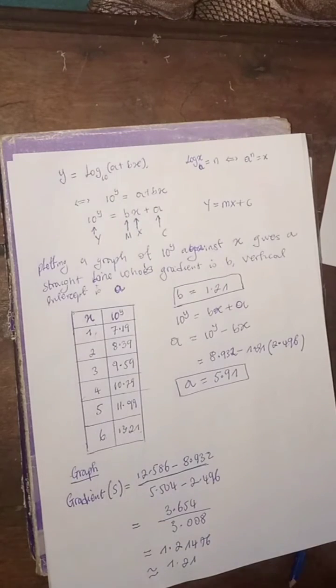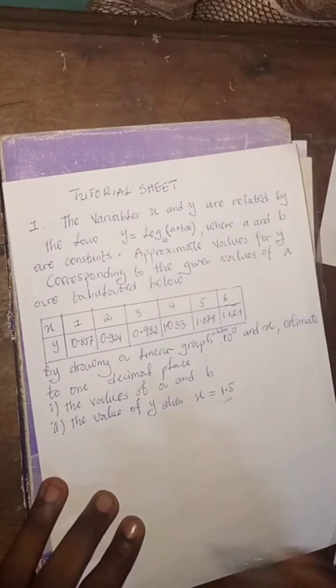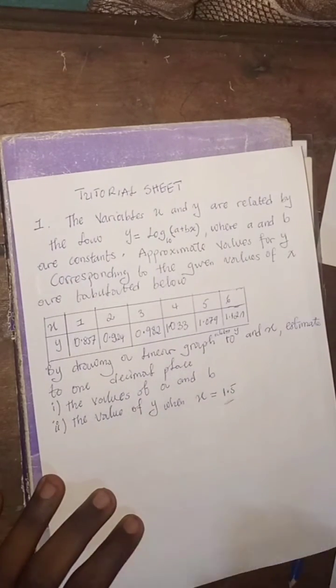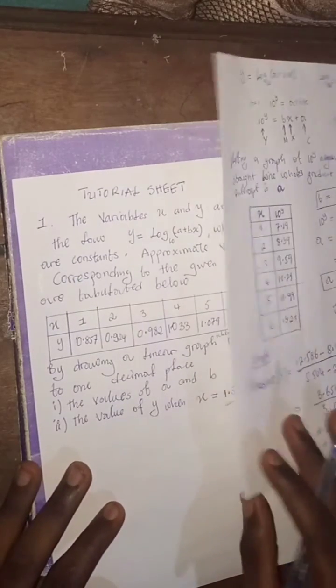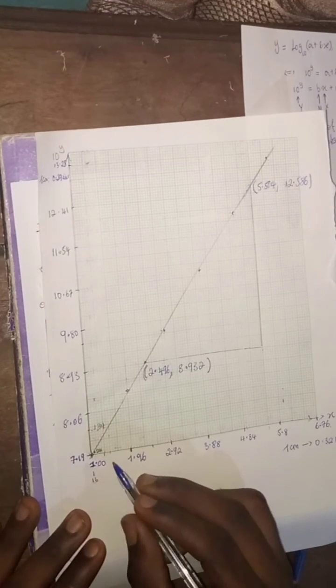Now the next one, Roman 2 of the question says that we should find the value of y when x is 1.5. So I'll come now to my graph, right? Remember, I always have my rough sheet when doing this calculation. I come back to my graph. We said that 1.5 was represented by the line.